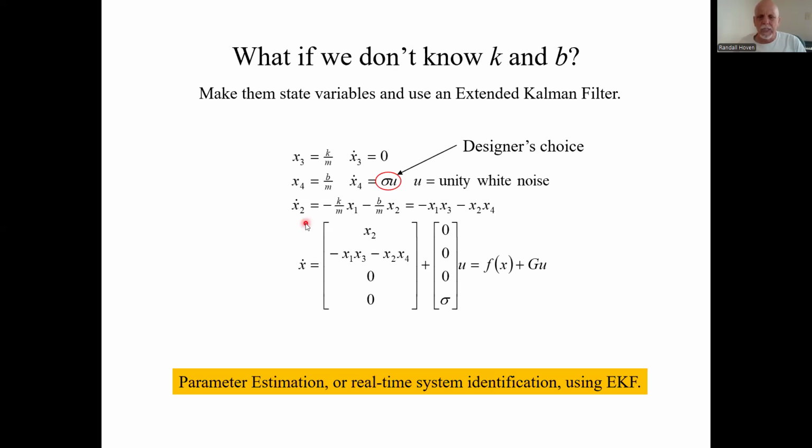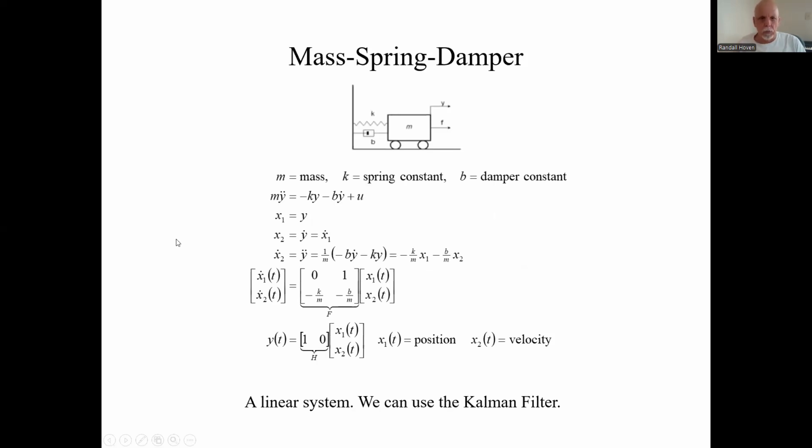So we had the X1 and X2 state variables. They were just position and velocity of the mass. Look what we had here, in this continuous time state space format: minus K over M and minus B over M for the constants and the mass.